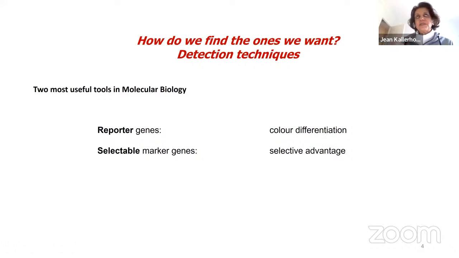The reporter gene is a DNA sequence that will code for a protein that will be responsible for a change of color. We will see this. And the second one is our selectable marker gene. Selectable marker genes offer a selectable advantage. These are, for example, antibiotic resistance genes.